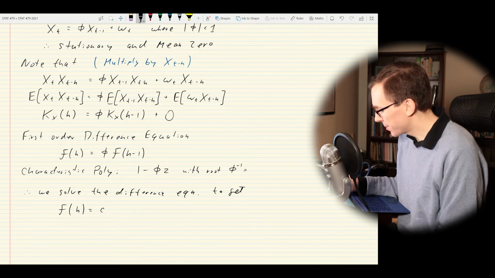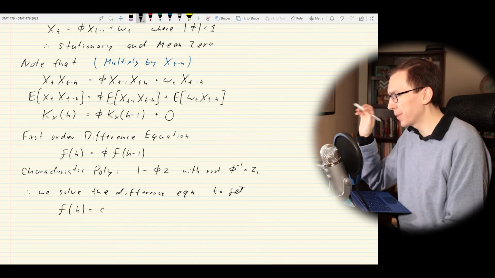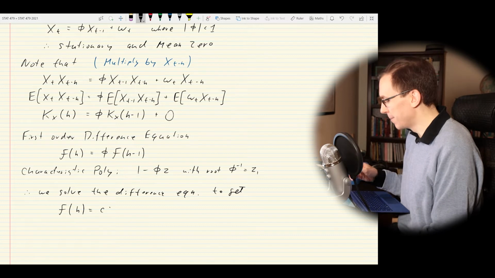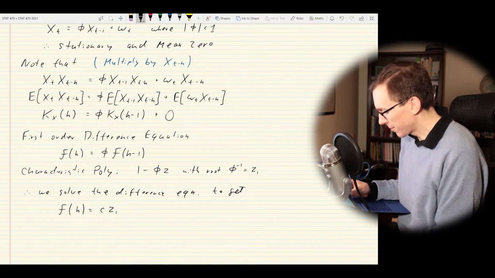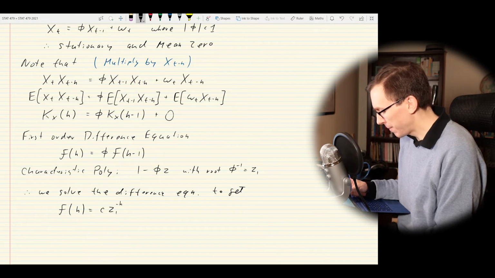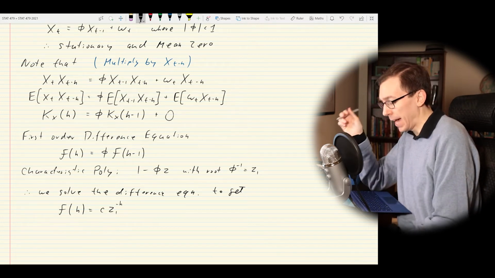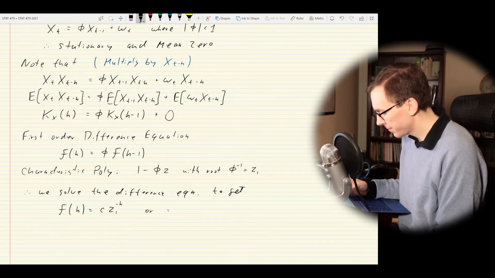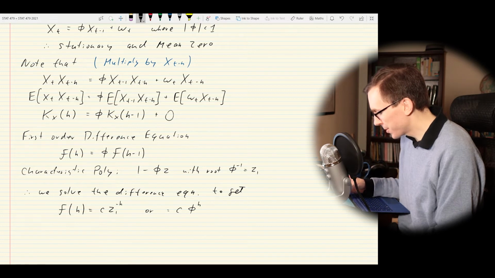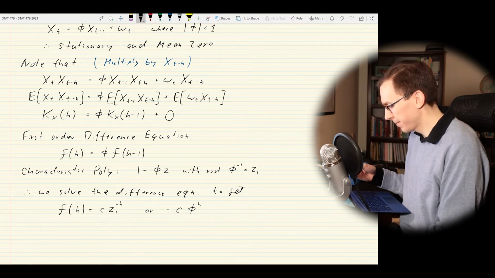I denoted phi inverse to be z1 because when we get further on, we're going to have more than one root, and we have to account for that. So I can write this as c times z1, the root, to the minus h power, or c phi to the h, since phi to the minus 1 is the root.